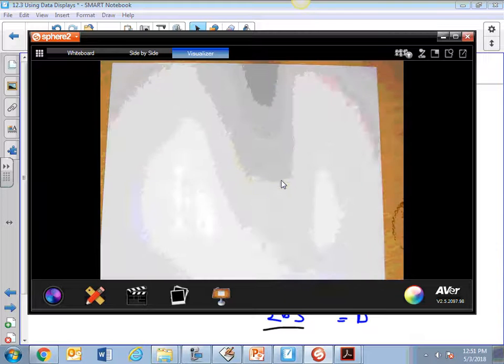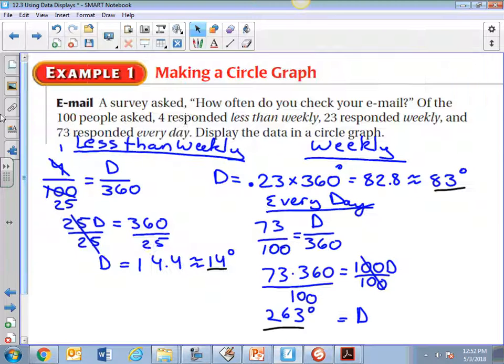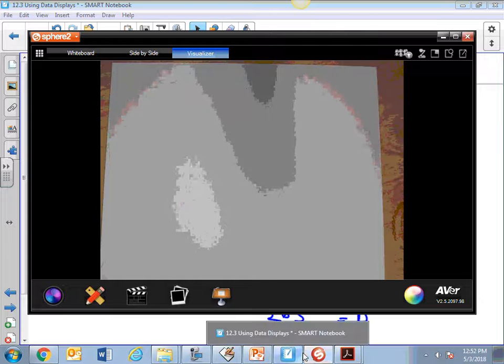Okay, so first off, when I make a circle graph, what I want to do is have a label on top of the circle graph. All right, so act like somebody's walking up to this circle graph or looking at it, and they don't know what you're talking about. It says, how often do you check your email? You don't have to name it that whole thing, but maybe like check your email.